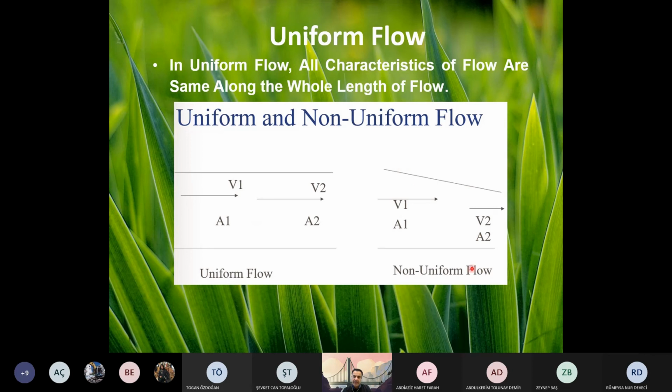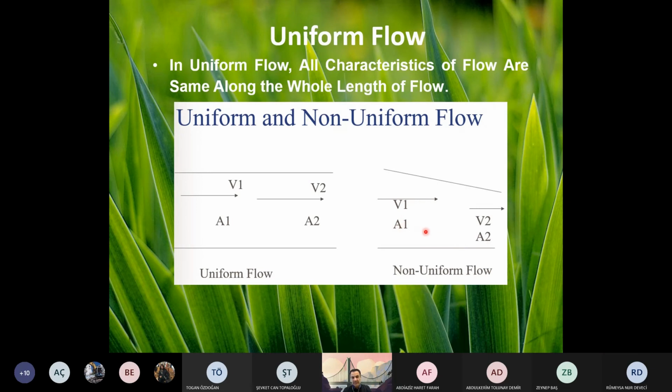However, here you see an example of non-uniform flow, which we also call varied flow. Yes, you see here we have, for example, V1 and A1, V2, A2. It is clear that there is a change in the depth of flow. Therefore, we definitely have a change in the area, and perhaps a change in the velocity.